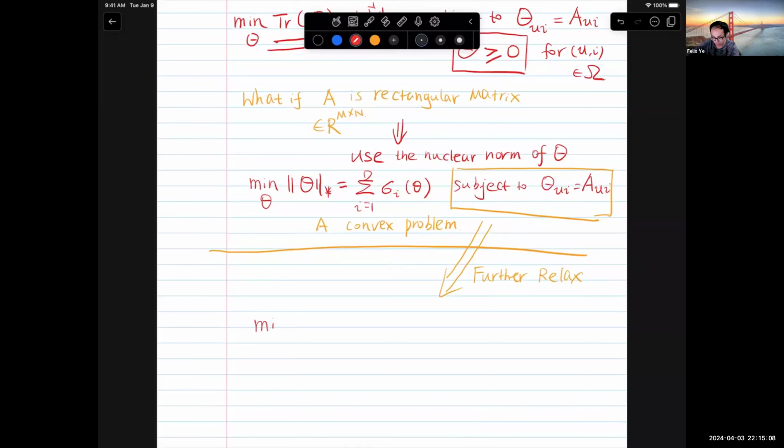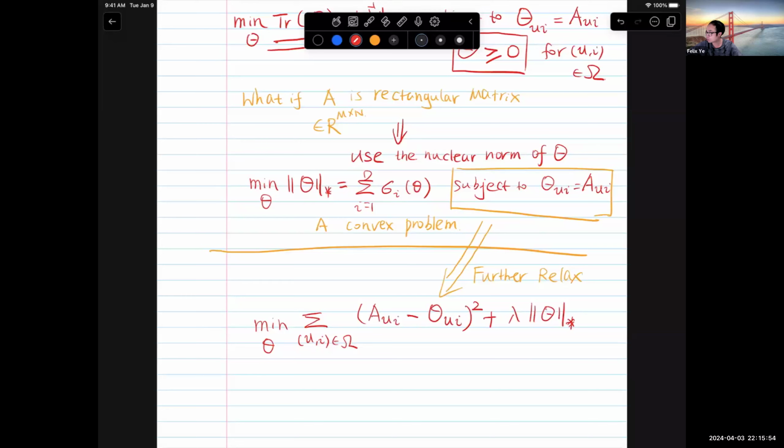So we have the same thing, the nuclear norm, and we add the constraint as the mean square error, plus the nuclear norm as an additional penalty term that we're trying to minimize. Think of this as a choice of the norm.